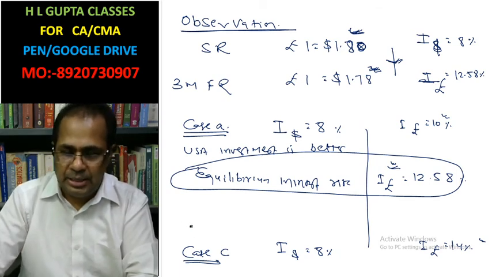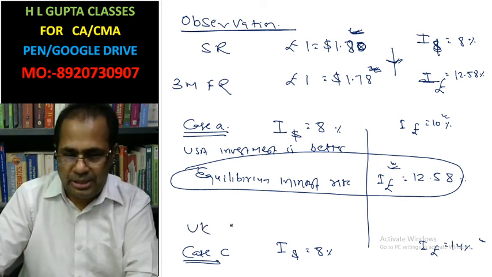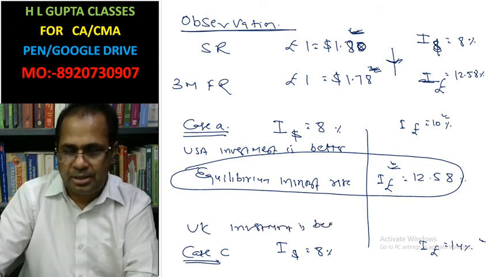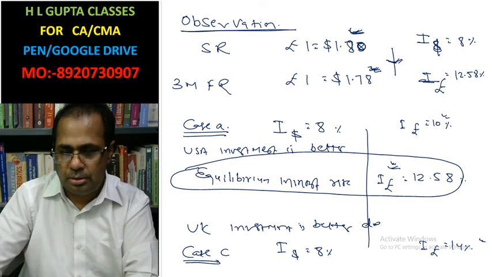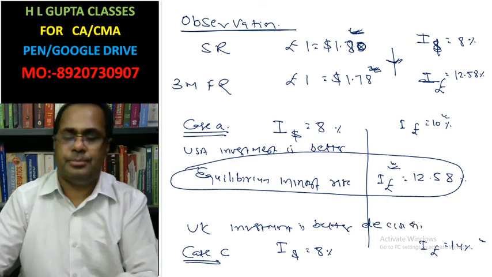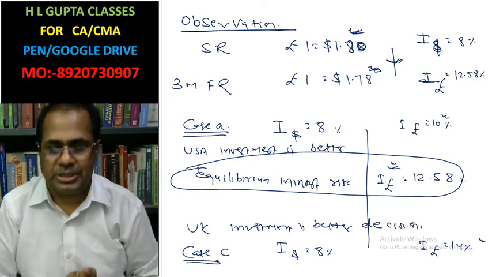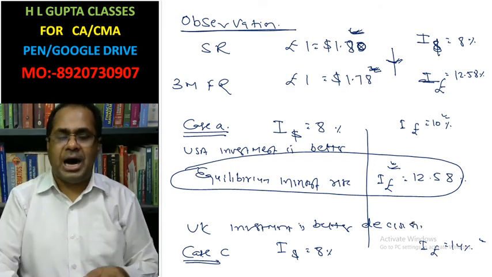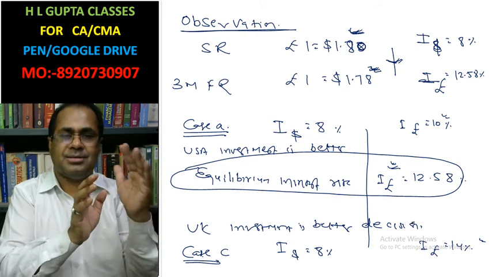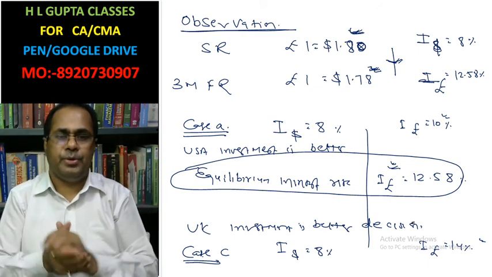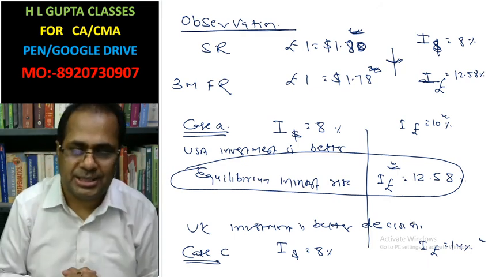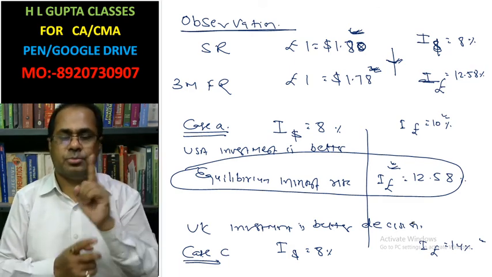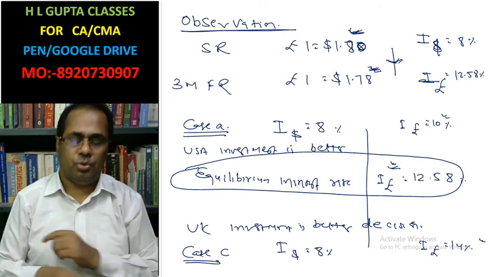In this case UK investment is a better decision. You have to understand. Please try to understand here. You can give the answer of part A as well as part C from the results of the fourth part.